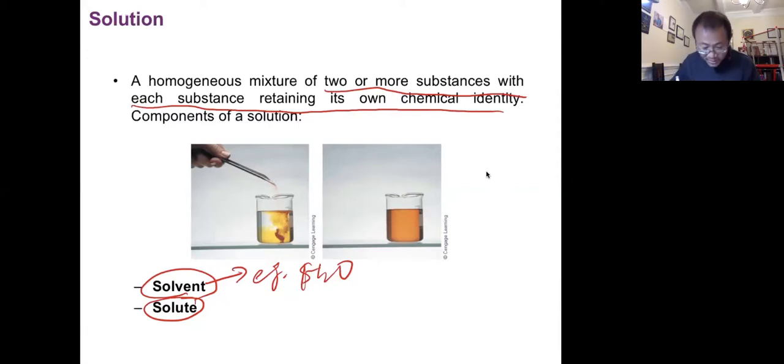And if that's the case, we have a new name for the solution: aqueous solution. Aqueous, A-Q-U-E-O-U-S. Okay, aqueous solution.